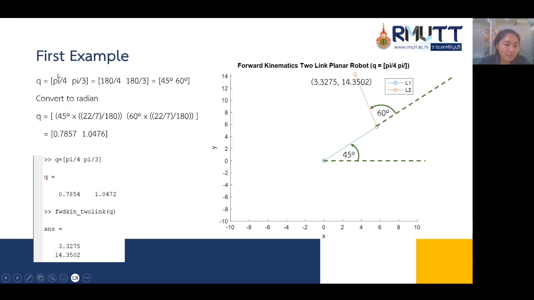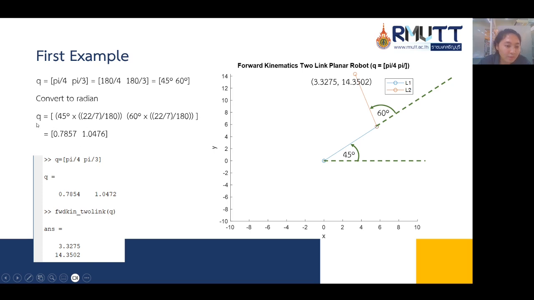For the first element, pi divided by 4 is 45 degrees multiplied by 22 divided by 7 and then divided by 180, and for the second element, pi divided by 3 is 60 degrees multiplied by 22 divided by 7 and then divided by 180.